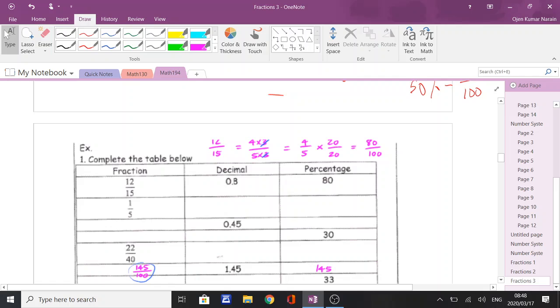So here we complete the table. 12 out of 15 as a decimal is 0.8, as a percentage is 80%. 1/5 as a decimal is 0.2.